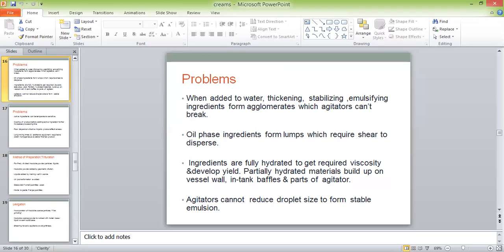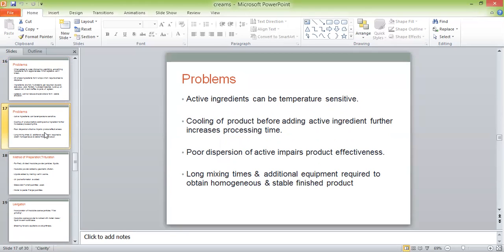Ingredients must be carefully hydrated, so as to get the maximum viscosity and develop the yield. The partially hydrated materials stick to the vessel wall, the tank baffles, and the parts of the agitators. Agitators cannot reduce the droplet size to form a stable emulsion. Then active ingredients could be temperature sensitive, so the temperature should be monitored according to the active ingredients.